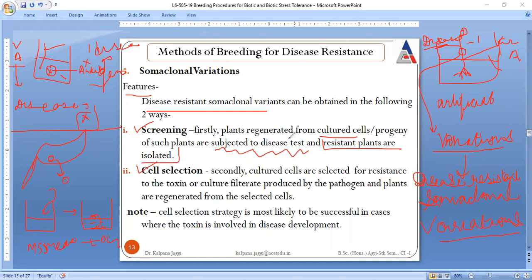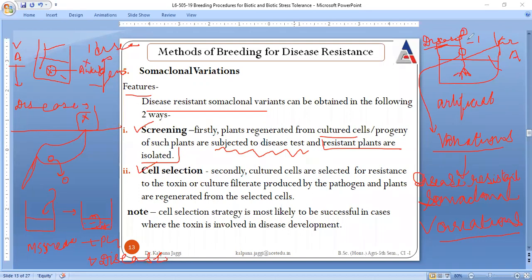Now, the very first step is that variations are developed. Because the plant is growing from tissue, along with the plant growth regulators you also need to incorporate the gene that will provide resistance against this antigen, this disease, right?